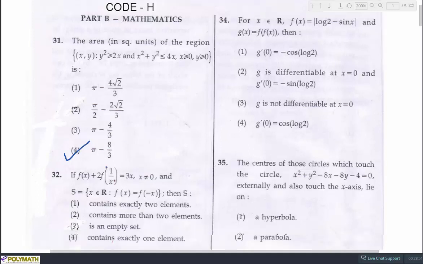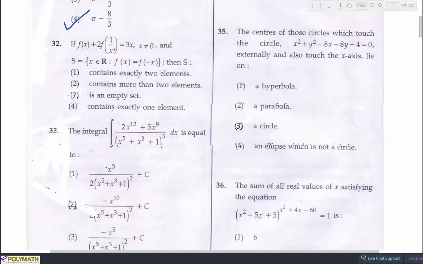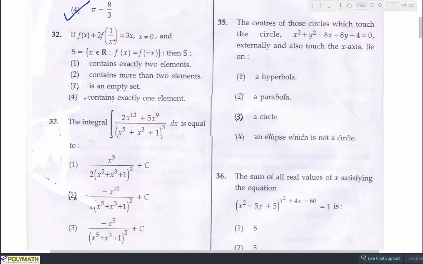Okay, now coming to the second problem here. It is: if f of x plus twice f of 1 by x is equal to 3x, x is not equal to 0, and S is equal to, just understand that carefully please, S is equal to x belongs to R such that f of x equal to f of minus x.